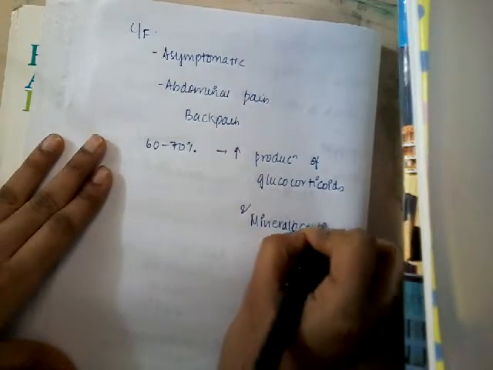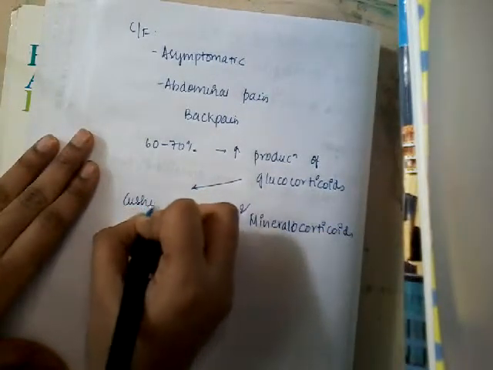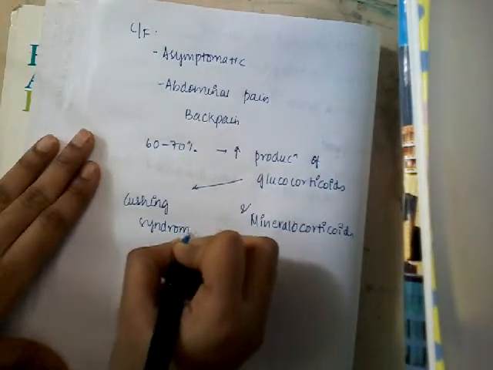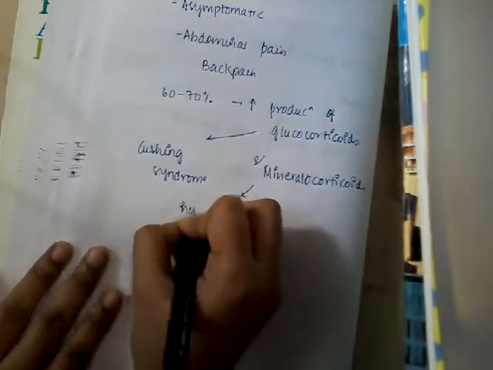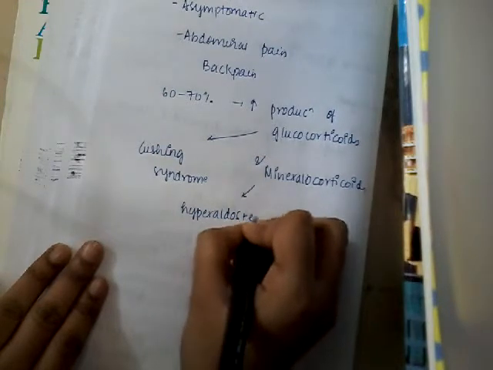Increased glucocorticoids can manifest as Cushing syndrome, and increased mineralocorticoids can manifest as hyperaldosteronism.